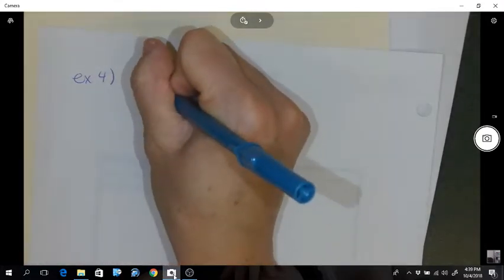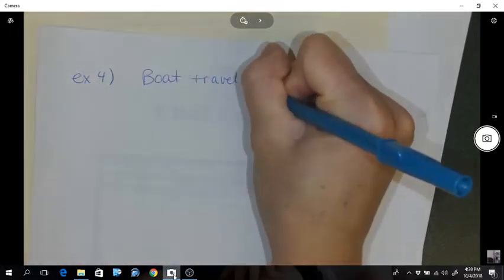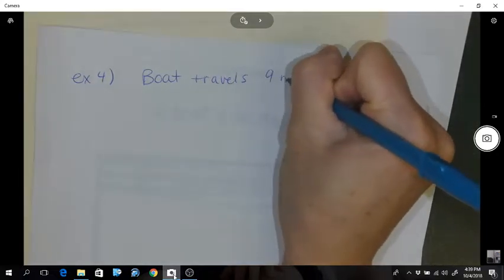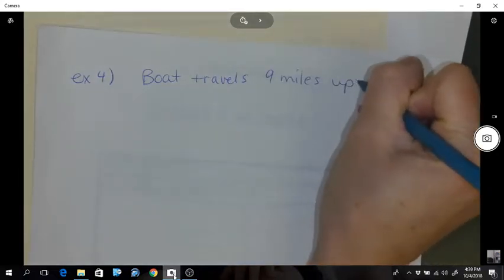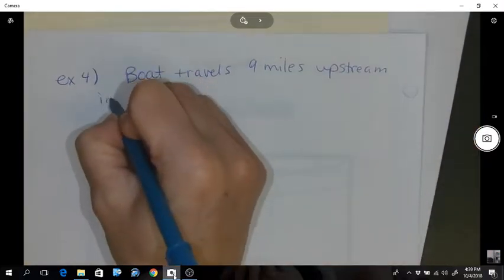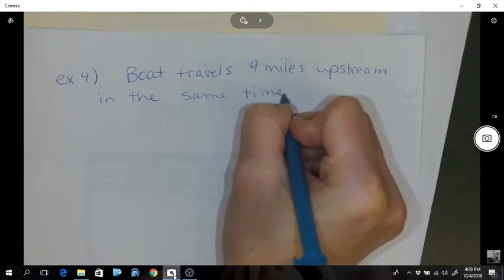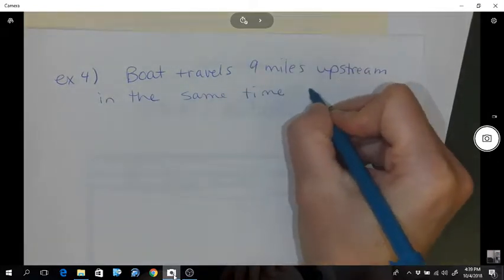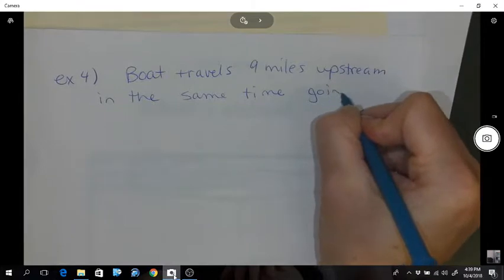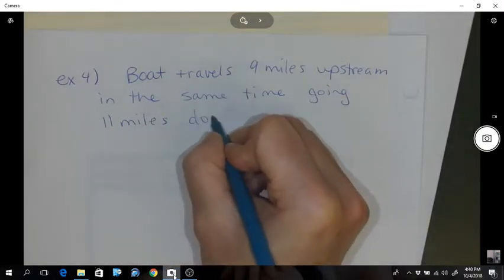Okay, one last example. A boat travels 9 miles upstream in the same time going 11 miles downstream.